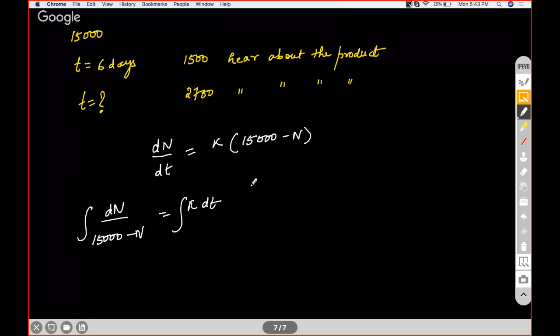Is that fine? Yeah. So what is the integral of 1 by 15,000 minus n?